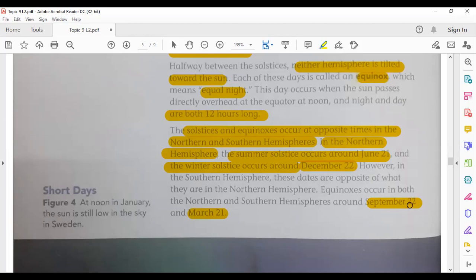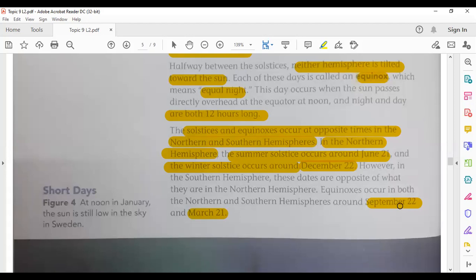But what is the difference? Can anyone tell me what the difference is? On September 22, it is equinox in both hemispheres. What is it in the northern hemisphere? Is it spring or autumn?